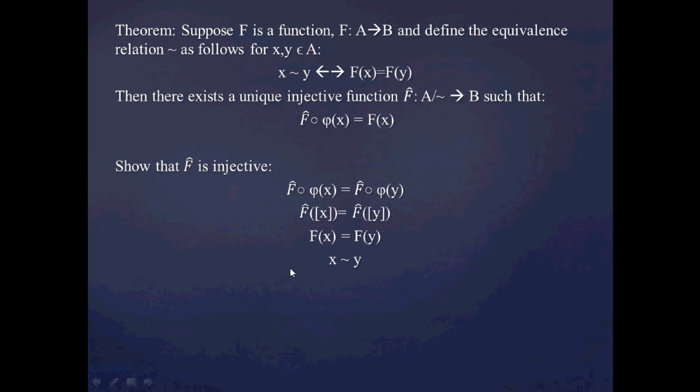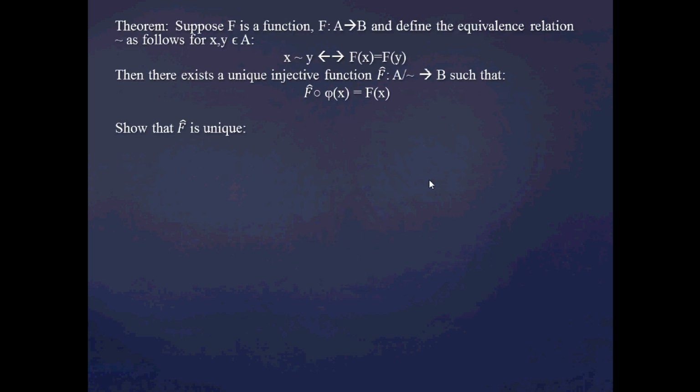And from the theorem I showed before, if two things are equivalent to one another, their equivalence classes must be the same. So what I've done here is I've said that f hat of the equivalence class of x being equal to f hat of the equivalence class of y implies that the equivalence classes of x and y are the same. And that shows that f hat is indeed injective.